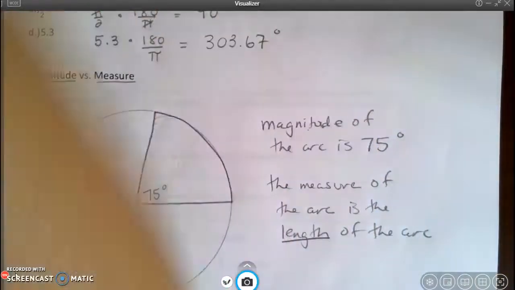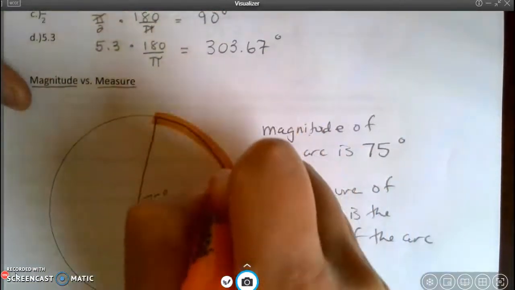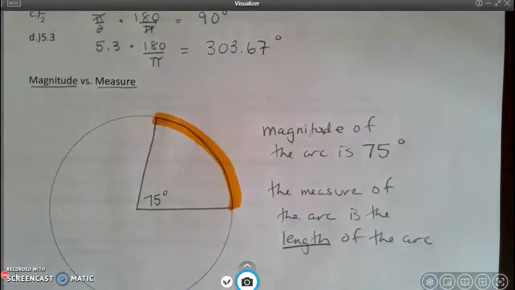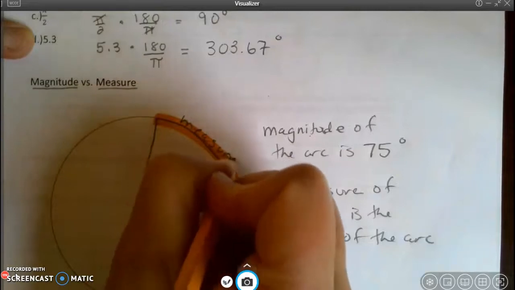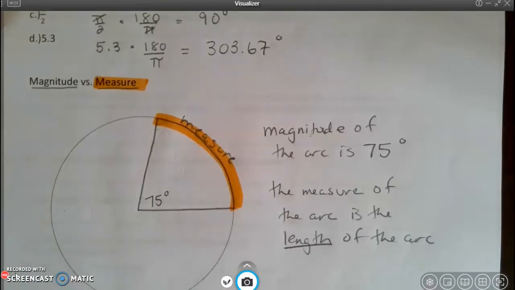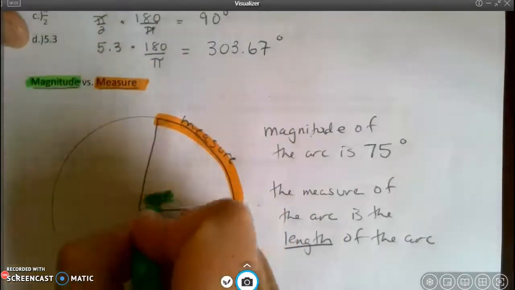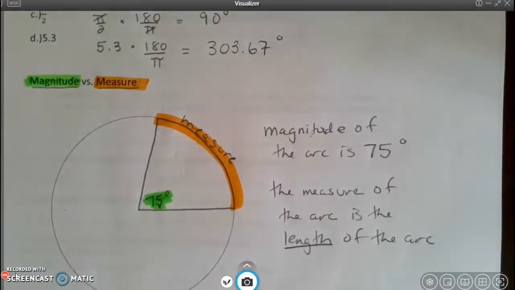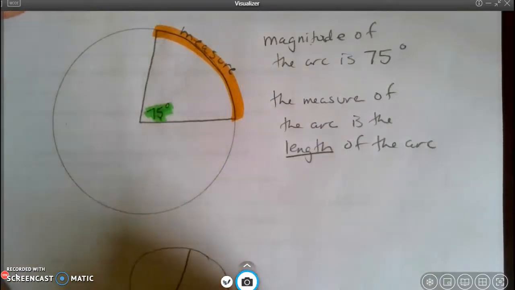So I'm going to get a highlighter here. That right there that I have highlighted in orange, that would be the measure. And then the magnitude of the arc is my degrees. Because what can happen is I could draw a smaller circle, and I am sketching, I get that.